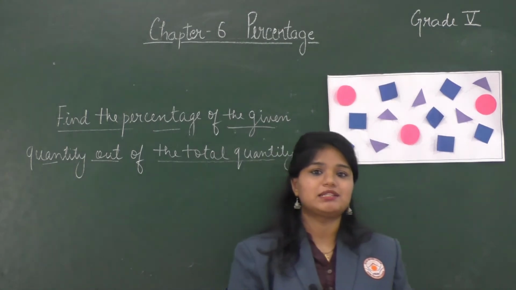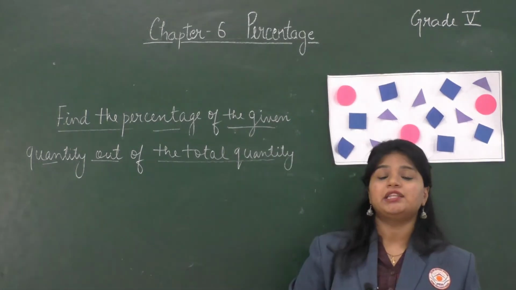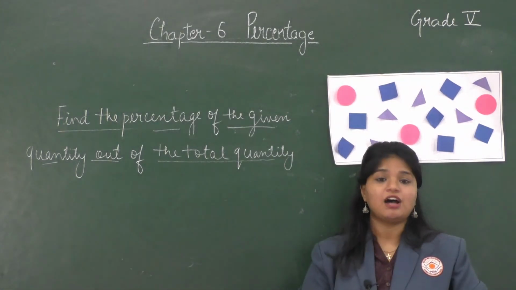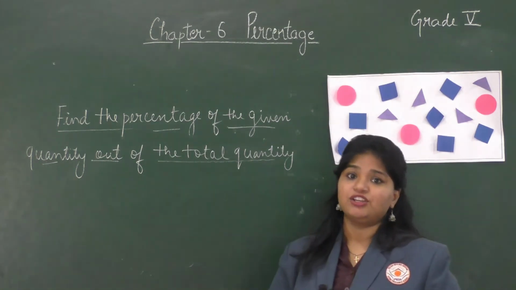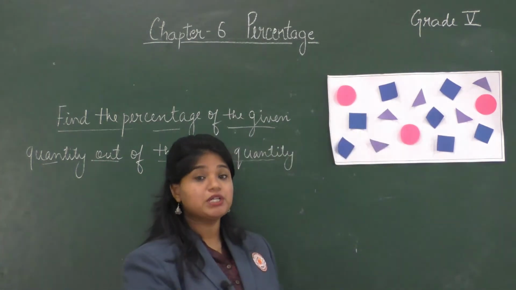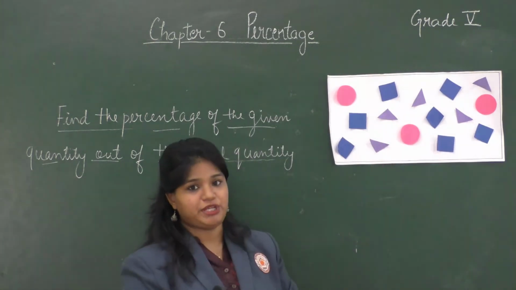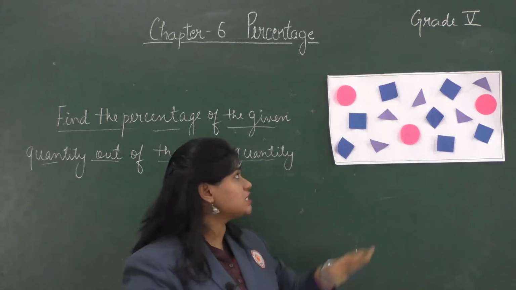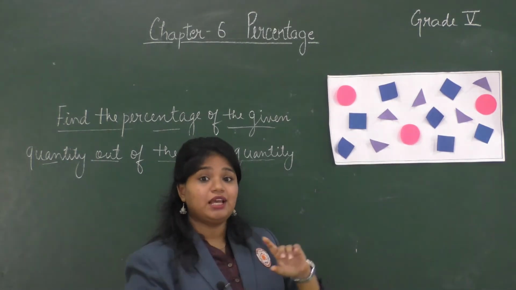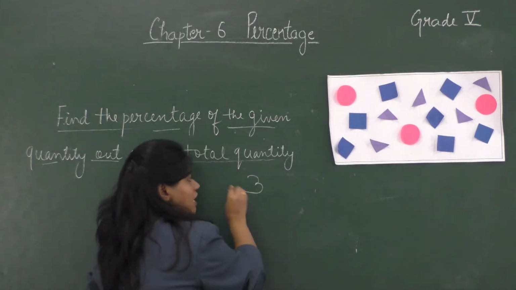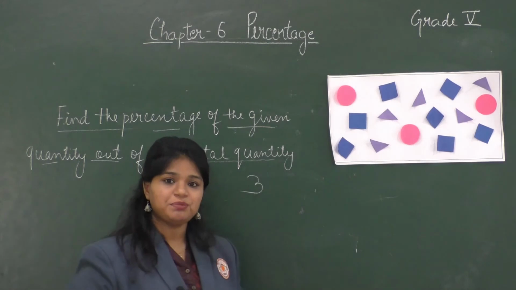Students, now let's learn the next topic, that is to find the percentage of a given quantity out of the total quantity. Here let's find the percentage of the number of circles out of the total number of shapes. How many circles are there over here? There are 3 circles. And what is the total number of shapes?